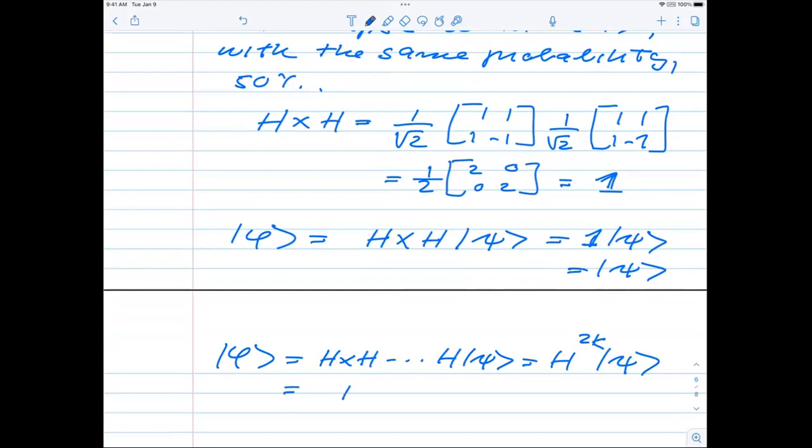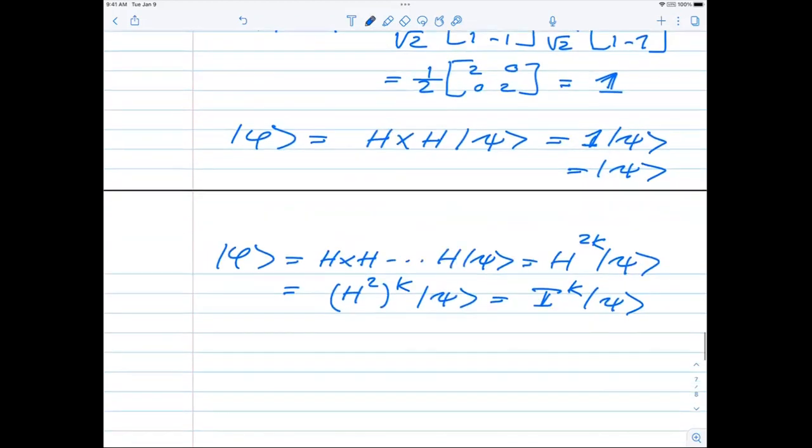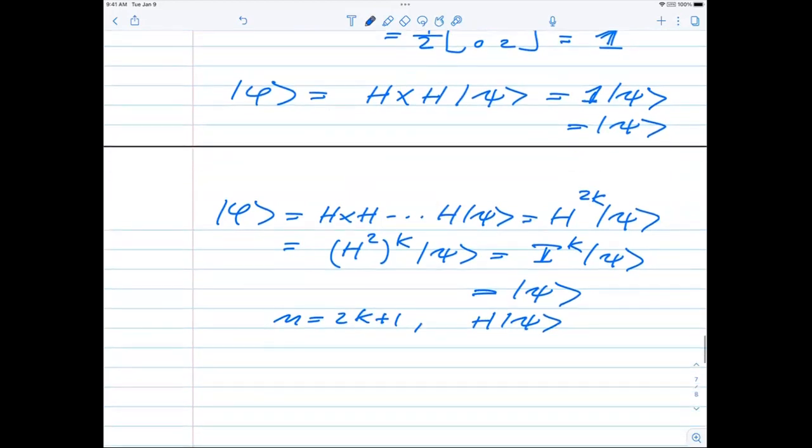This is the same as h to the 2k multiplied with psi, and that's the same as the identity matrix to the power of k, which is nothing but the state itself. If we have n equal to 2k plus 1, then what we get is just the Hadamard matrix multiplied with the state psi. That is also a very useful operation. So if we rewrite it, psi of a, which is equal to h to the power of 2k plus 1, is just the same as h times psi.